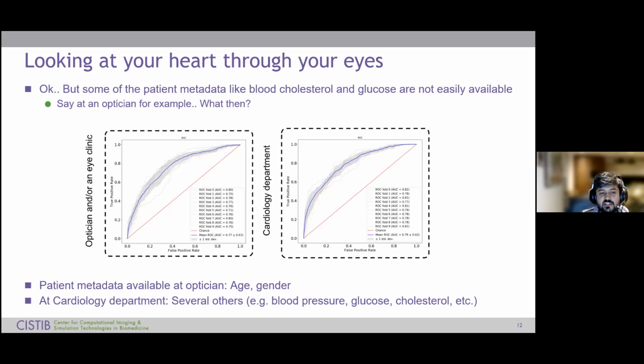And through this, we were able to also show that there is a potential here for deploying such a system in settings that are looking for a cost-effective solution for identifying patients at risk of future myocardial infarction.